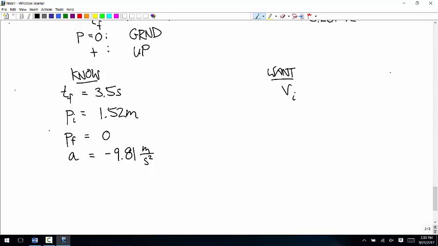So is there an equation that works with these? Yes, I think this should. P final is equal to P initial plus V initial times time final plus 1/2 A times time final squared.